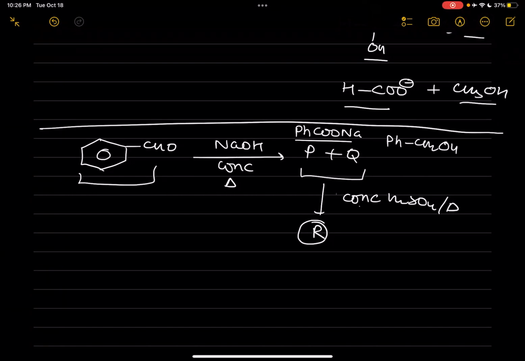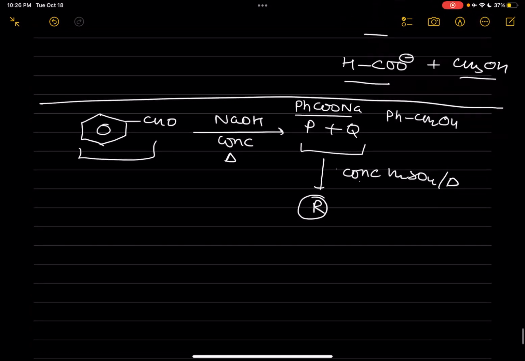Suppose you take concentrated H2SO4 and heat, then what will happen? Though we have not studied it yet, you must have studied it in the junior classes.